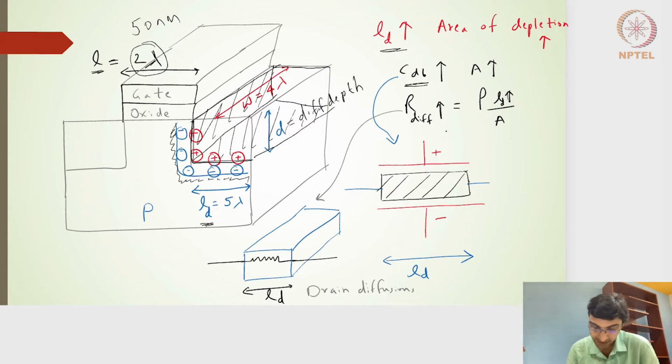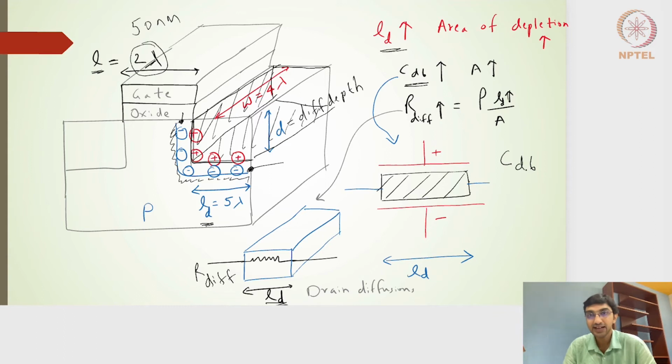If I consider the resistance across these two points, and the LD increases, then my resistance also increases. What I have denoted here is the drain. If the LD increases, the diffusion resistance R diffusion will also increase, and the capacitance CDB also increases. And what we need is actually a lower value.